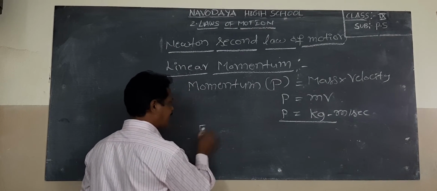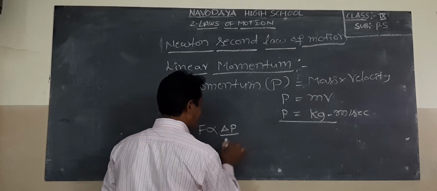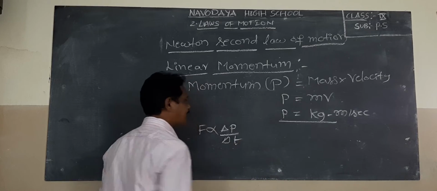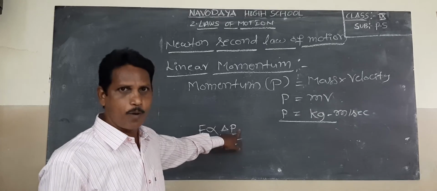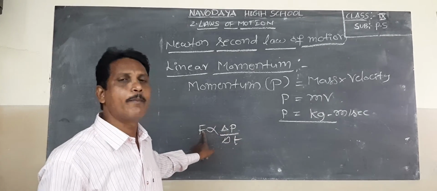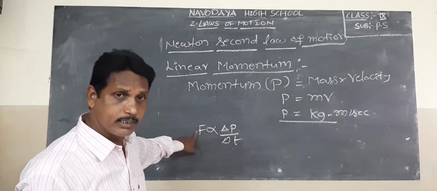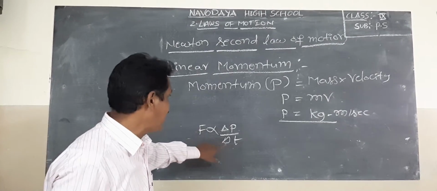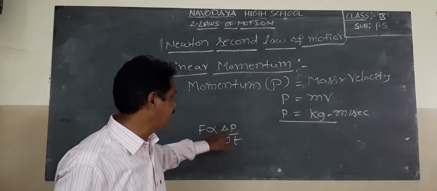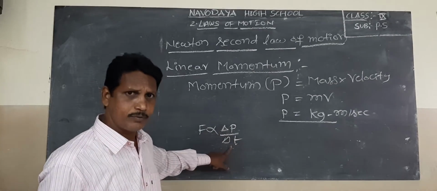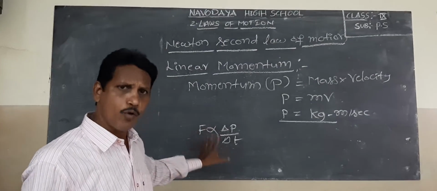Here F is directly proportional to delta P by delta T. Delta means a small amount of momentum created in the body by the applied force. Rate means divided by time.